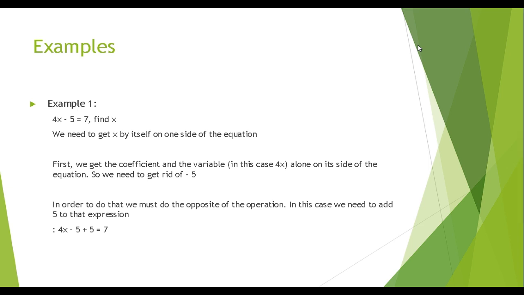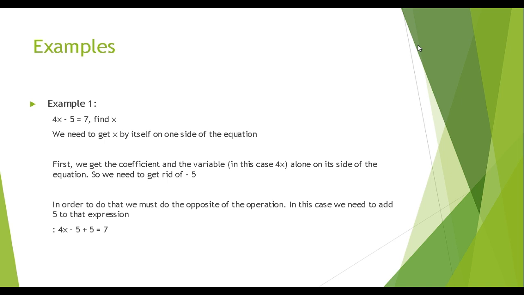And the operation that is happening is subtraction, and we know that because there is a minus sign. So in this case, we need to add 5 to that expression. So it will be 4x minus 5 plus 5 equals 7.